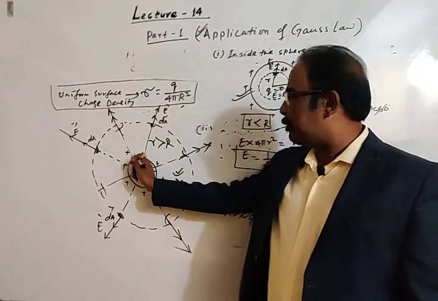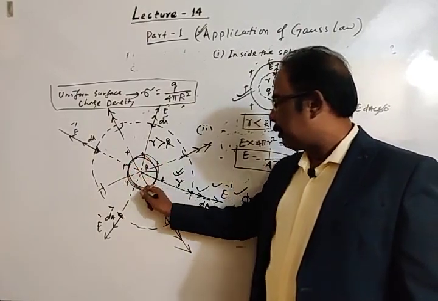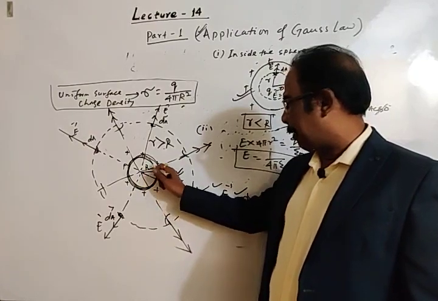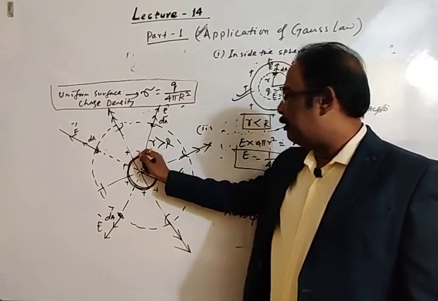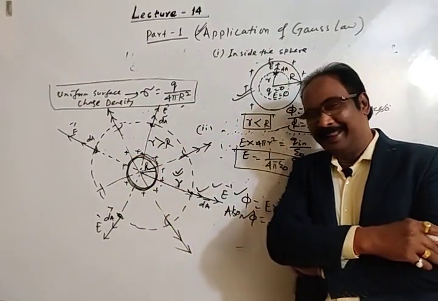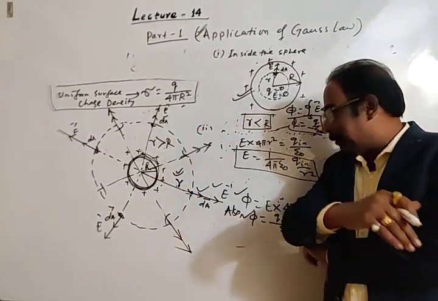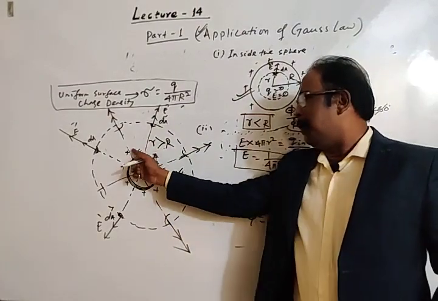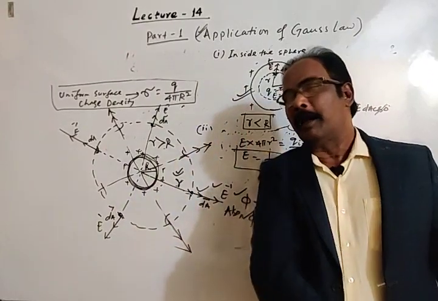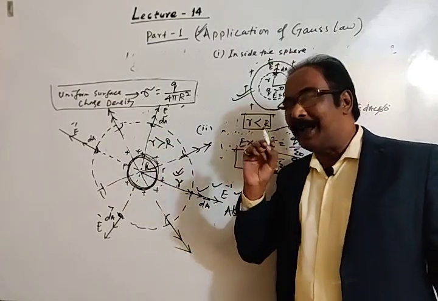See, charge is distributed on the surface of this sphere, conducting sphere or thin spherical shell, whatever it may be, of radius R. If you look at the sphere from outside, from a distance, then the whole charge distributed on the surface will appear to be concentrated at a point, meaning it will appear as a point charge.